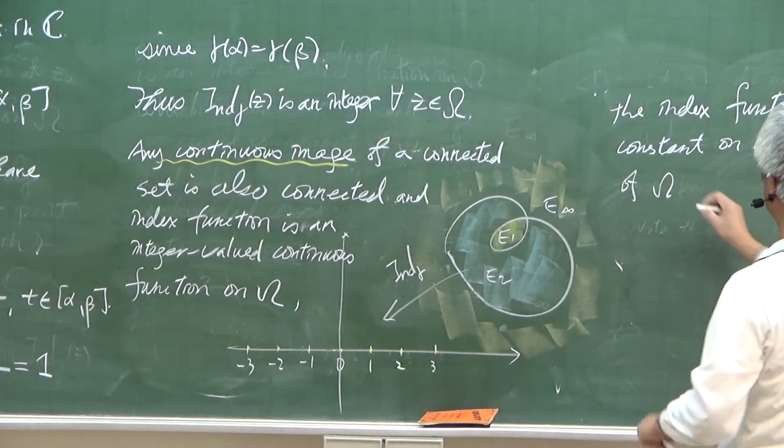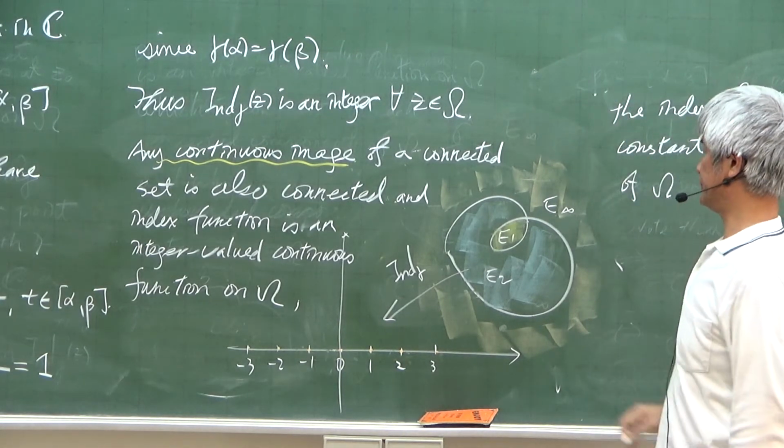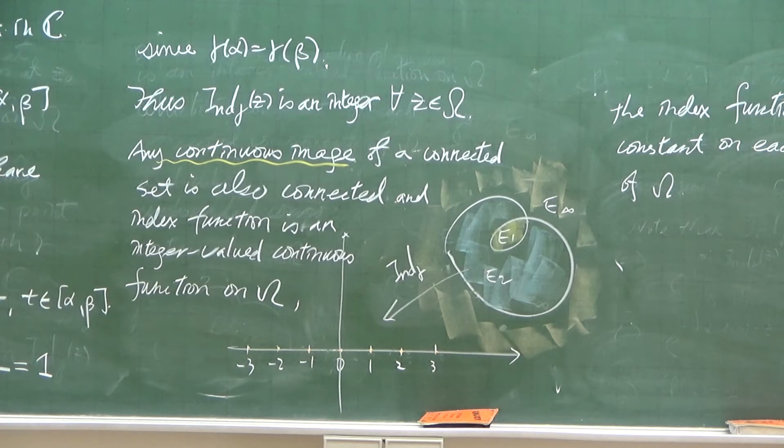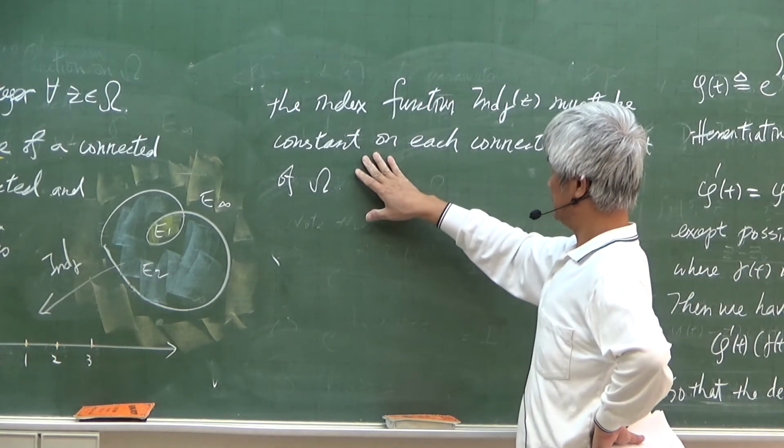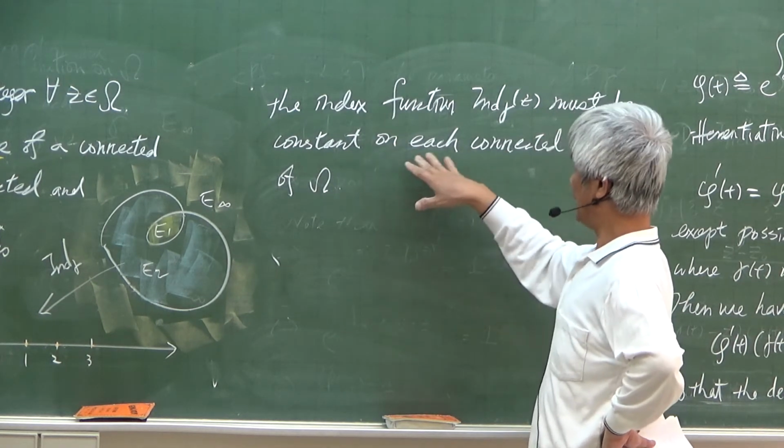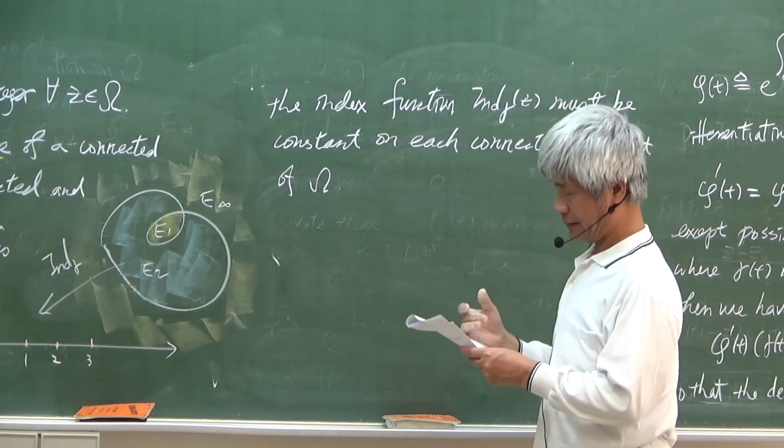So we prove the first half of the theorem: the index function is integer valued and is constant on each connected component.